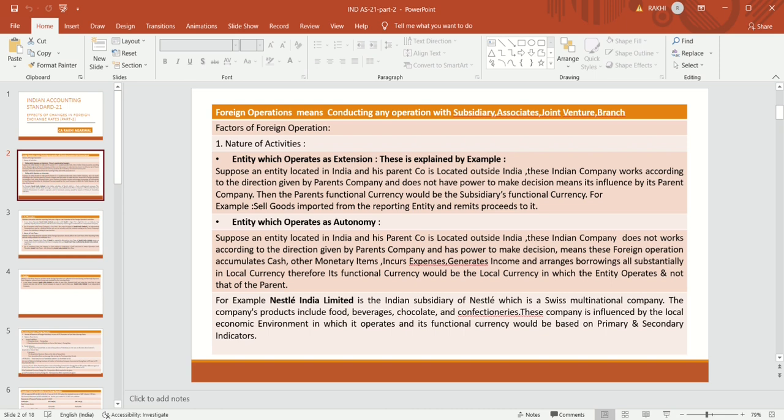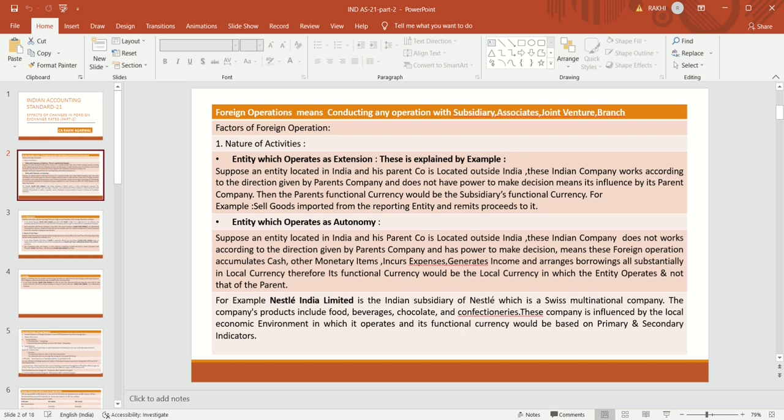Suppose an entity is located in India and its parent is located outside India. This Indian company does not work according to the direction of the parent company and has the power to make decisions. Those who are autonomous entities take decisions of their own. They do not work according to the direction of the parent company. They accumulate cash of their own.